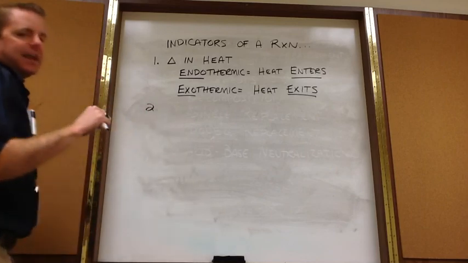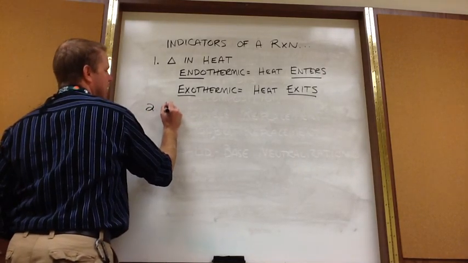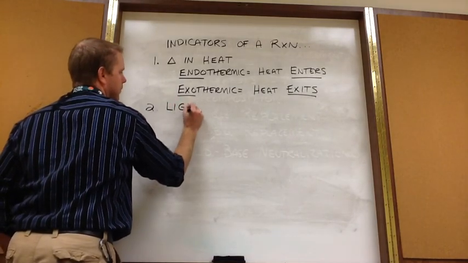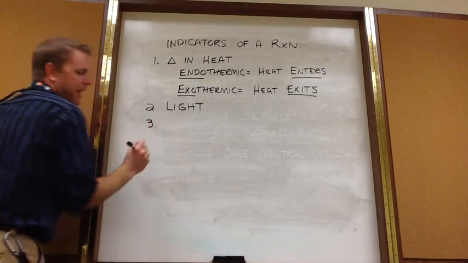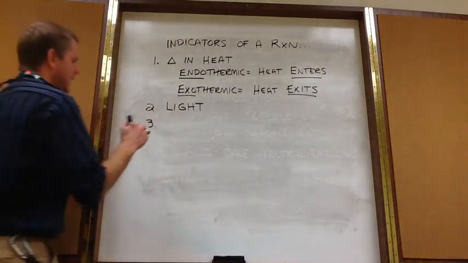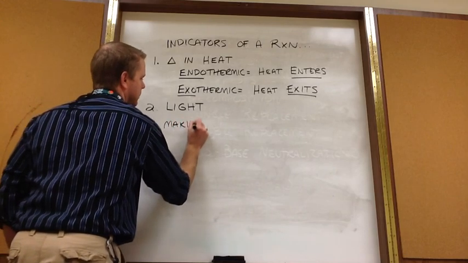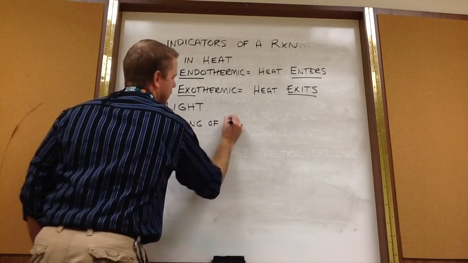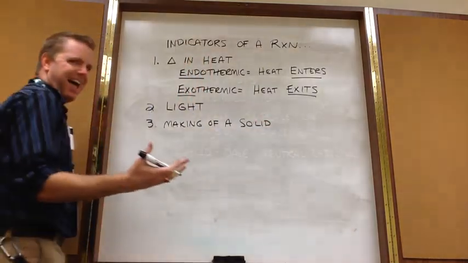A second indicator that we might see is the production of light. So you can see it. A third indicator that you might see is the making of a solid. So you take 2 liquid things and you put them together, you get a solid, right?